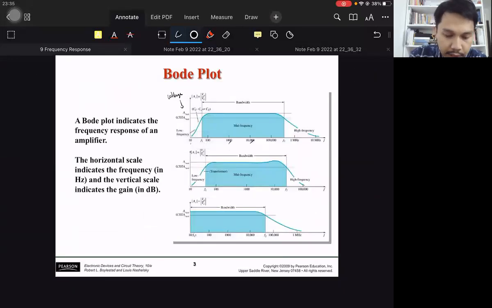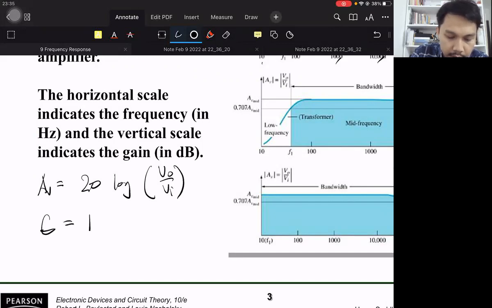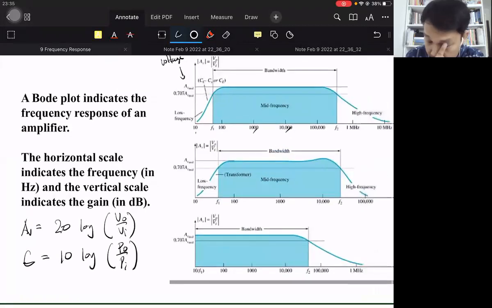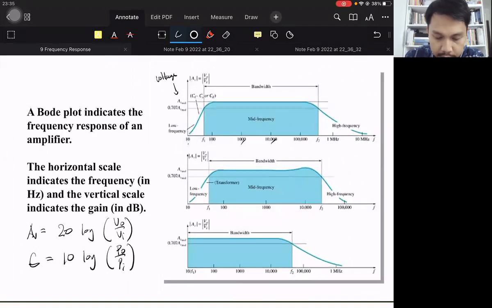Okay, so for voltage gain, it's 20 log VO over VI. For power gain, it's just 10 log PO over PI. So sa kaning Bode plot, voltage gain ang gamit ani. Alright?